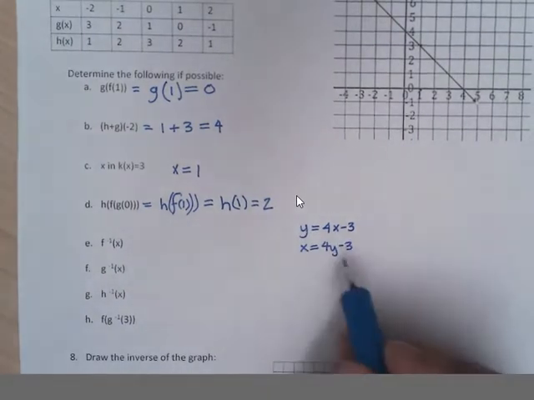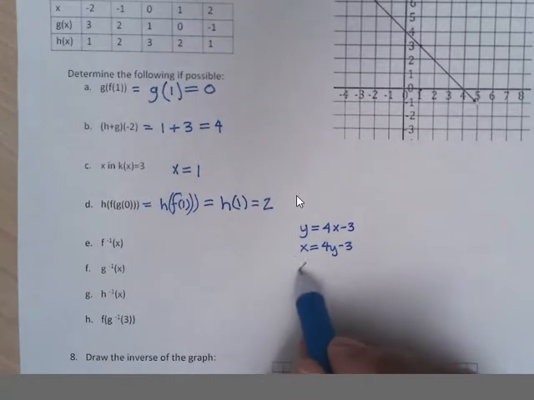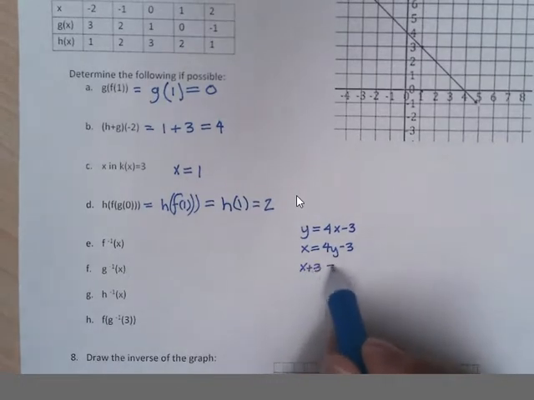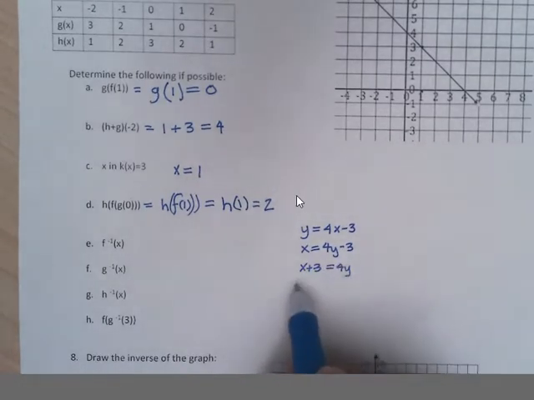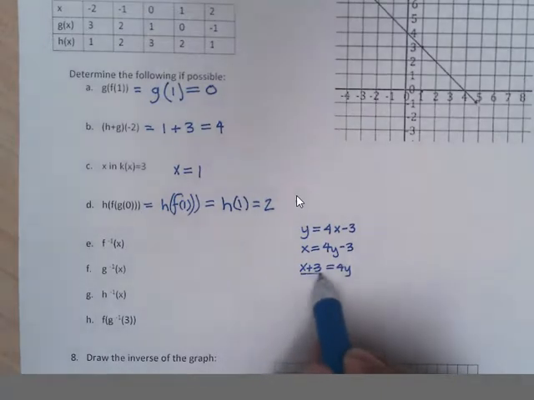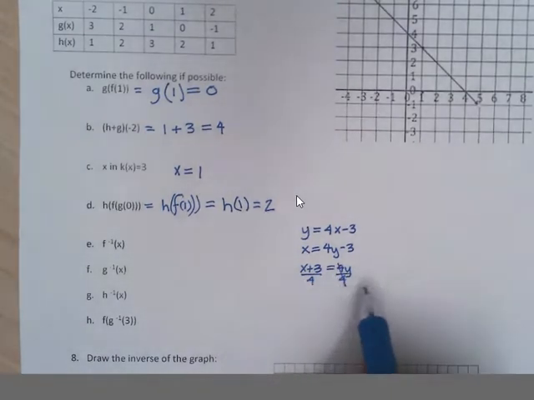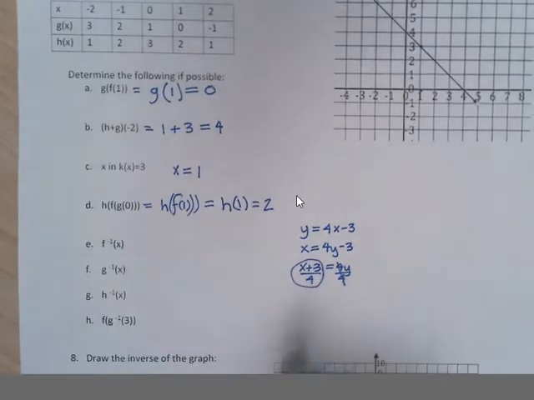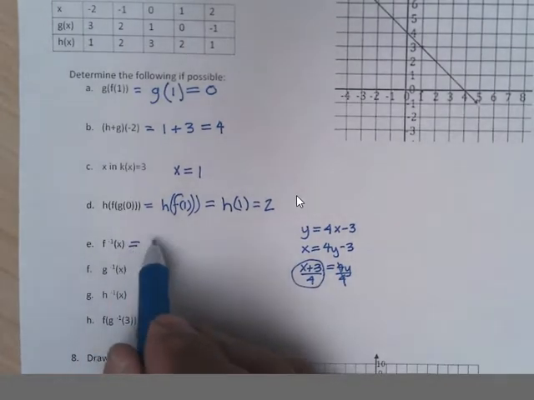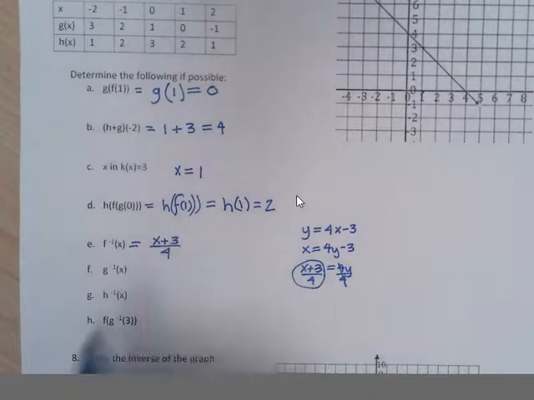And we solve for y, so we add 3. Divide both sides by 4, everything by 4. And so this is f inverse. It's x plus 3 over 4.